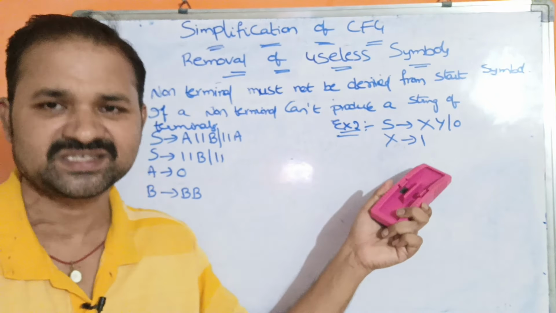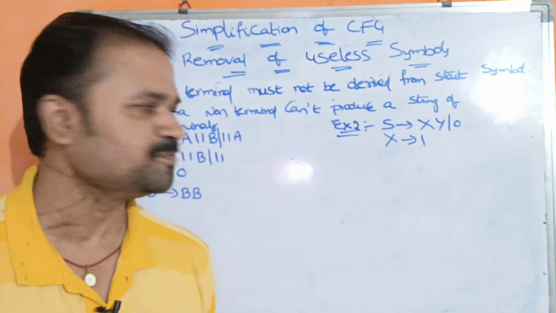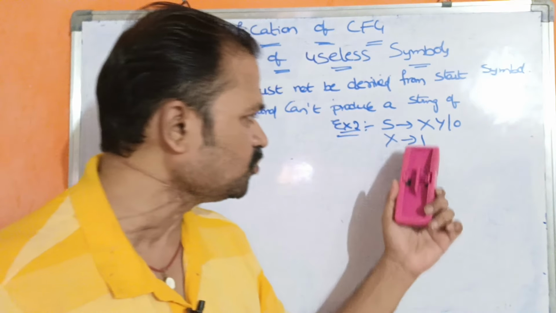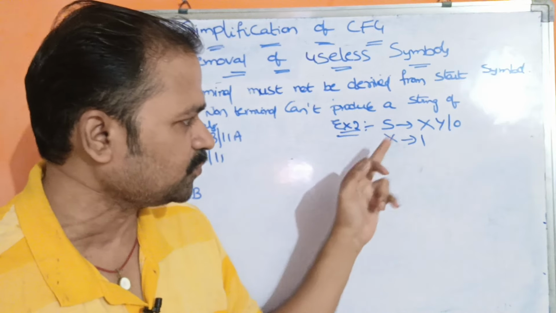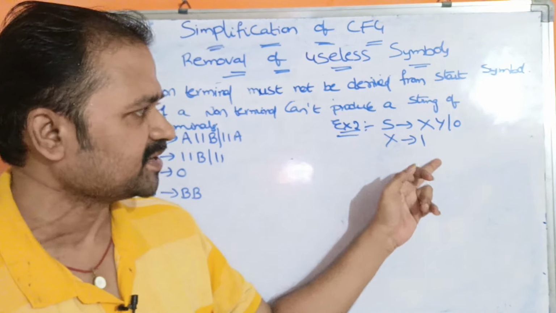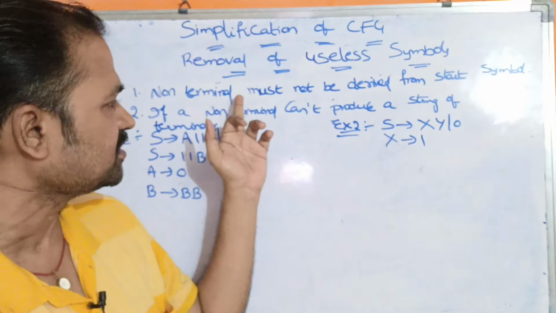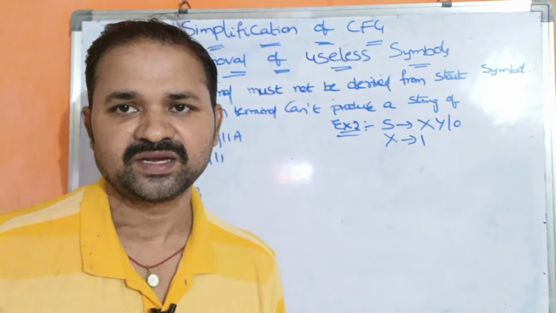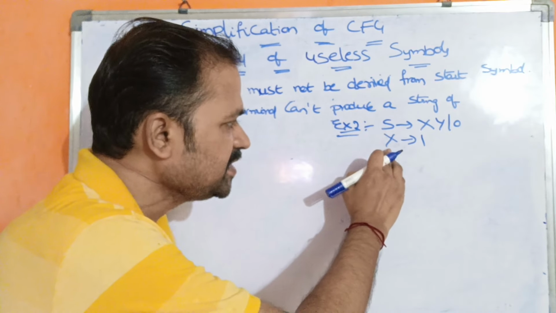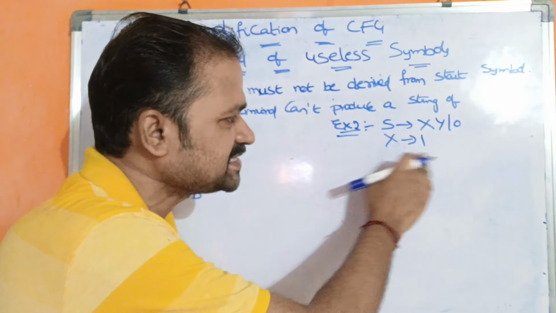Let us see the second example first. This is a simple example. Here we have two productions: S produces XY or 0, and X produces 1. What is the first condition? A non-terminal must be derived from the start symbol. If you take this problem, here we have S produces XY.